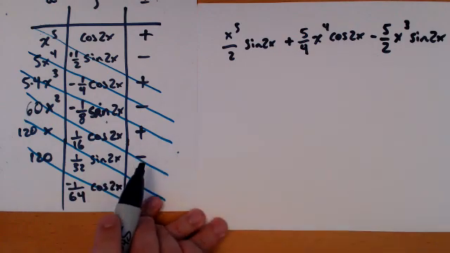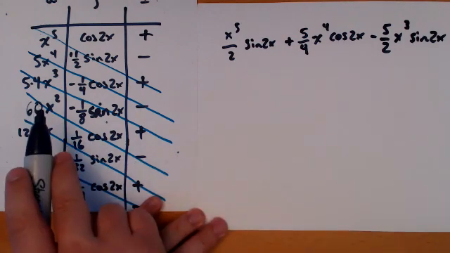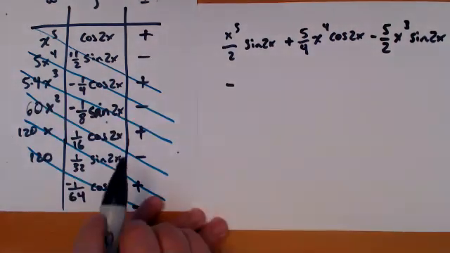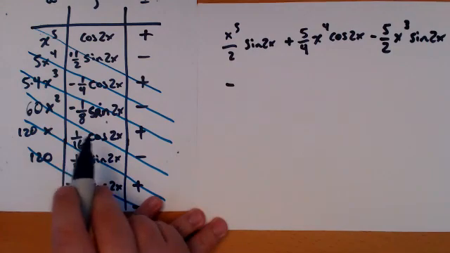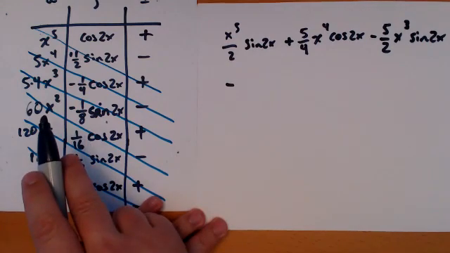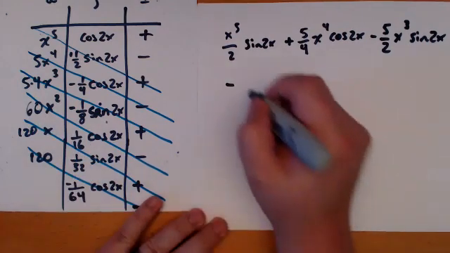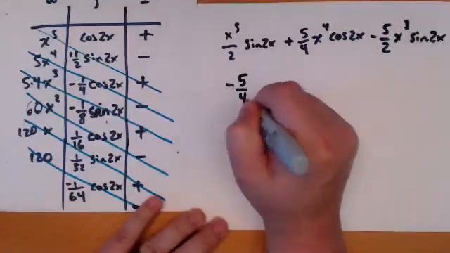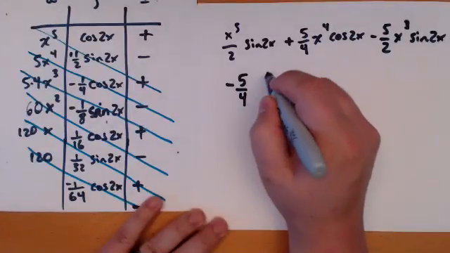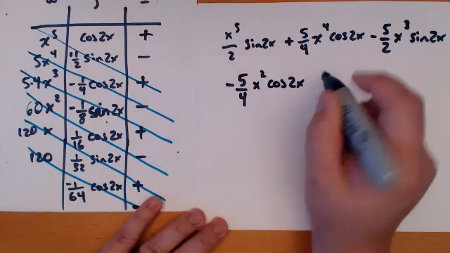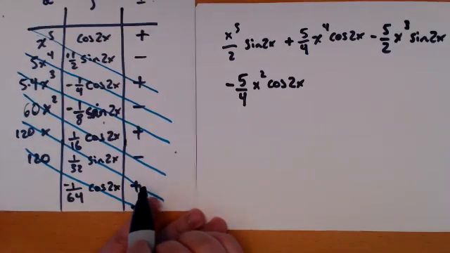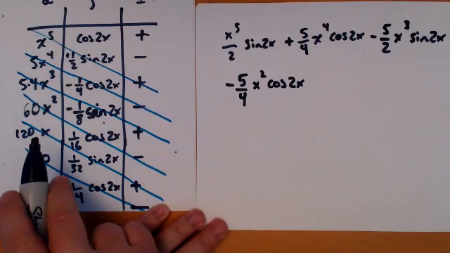Now here I've got a negative times a positive and a positive. And I've got a 1/16 and a 60. They both contain a 4. So this gives me 5/4, and I have an x squared and a cosine of 2x. And then second to last, a positive and a positive and a positive.